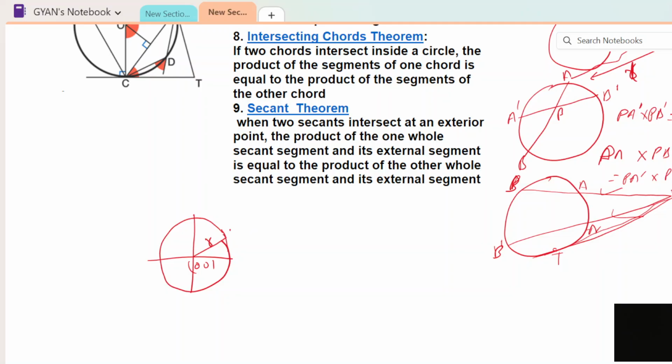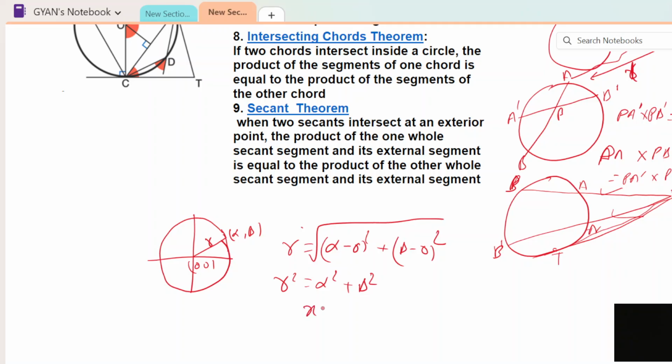For a variable point, suppose this is alpha beta, then distance r is equal to the square root of alpha minus 0 the whole square plus beta minus 0 the whole square. So r square is equal to alpha square plus beta square. Replace alpha beta by x and y, then x square plus y square is equal to r square. This is the first equation of the circle.